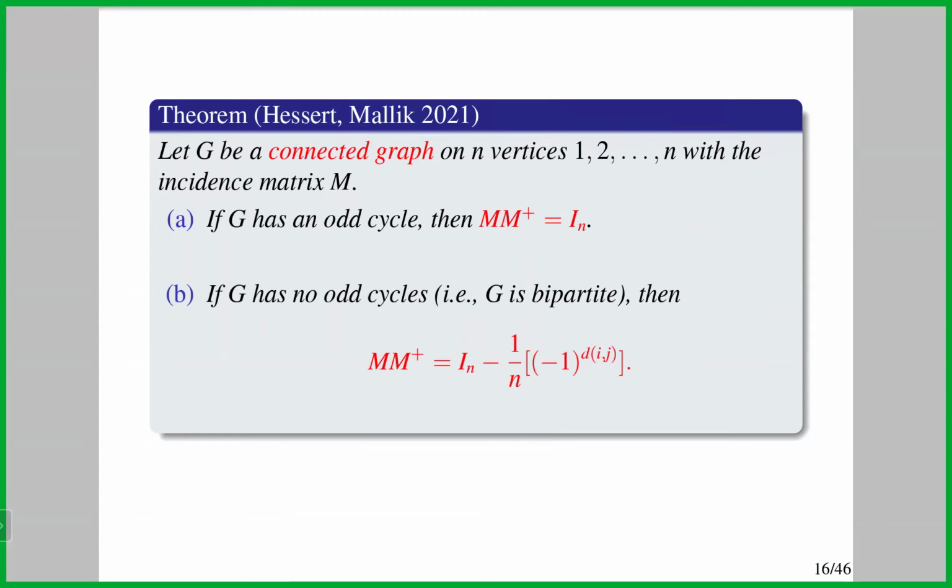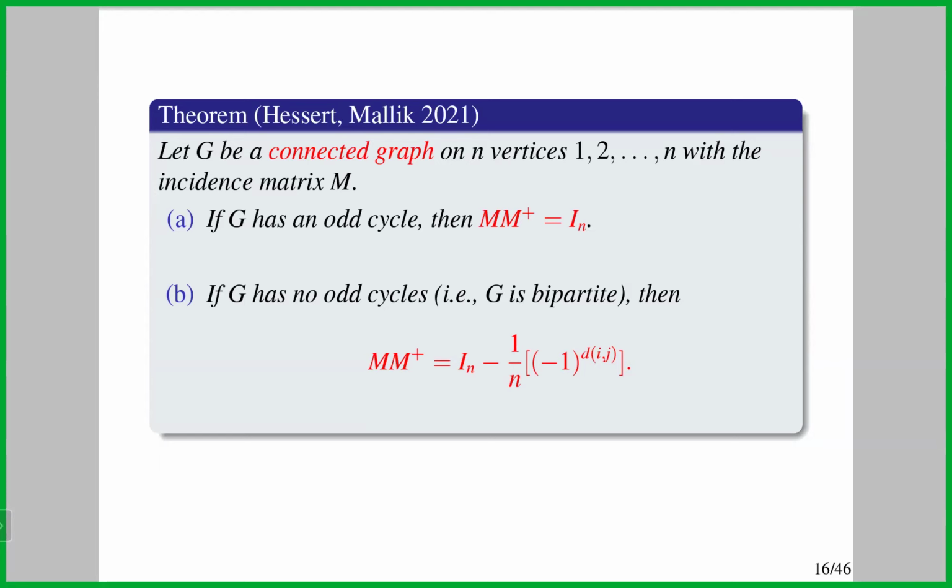When G has an odd cycle, then M times M plus is an identity matrix. And if G does not have odd cycles, which means G is a bipartite graph, then M plus is going to be the identity matrix minus 1 over n times a square matrix whose ijth entry is (-1) to the distance between vertex i and j.